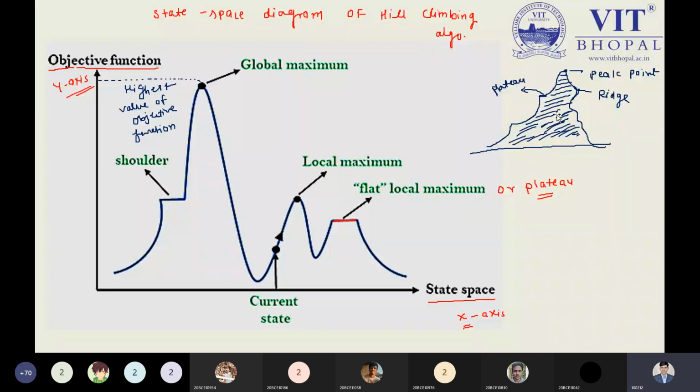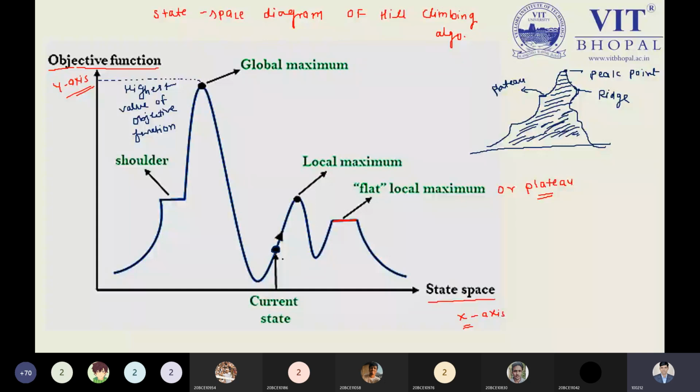At the bottom side, you can see there is a very important point: the current state. What is the current state telling us? The current state means the region of the state space diagram which we are currently present in during the search. Maybe we are on this position. This position defines that we are on this state to search for information.